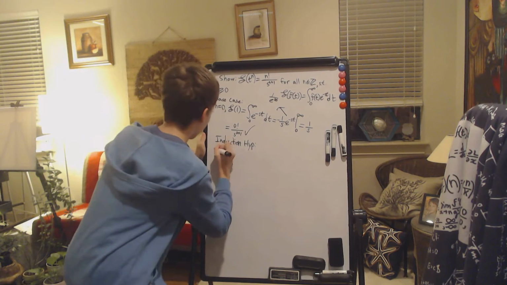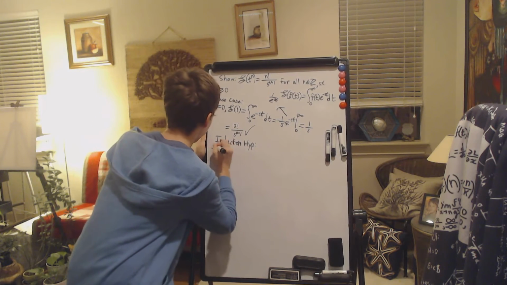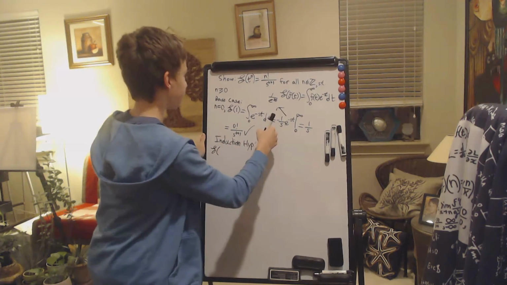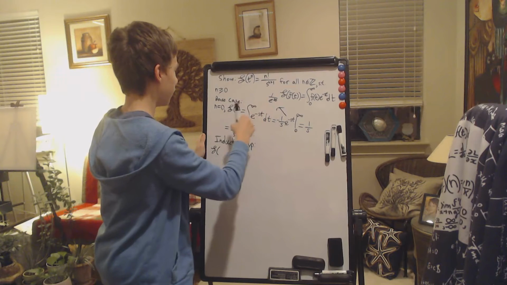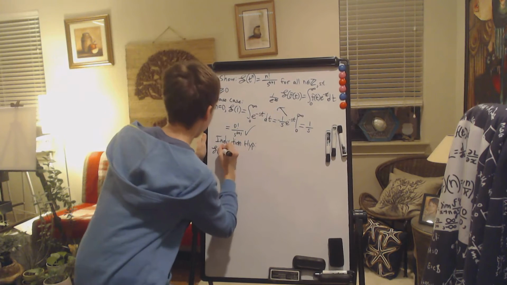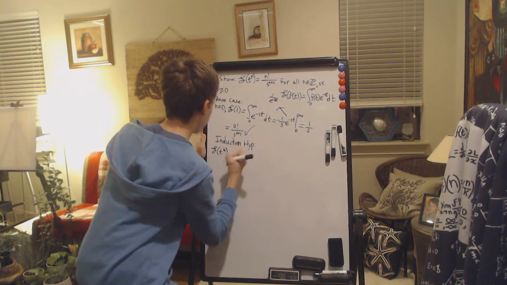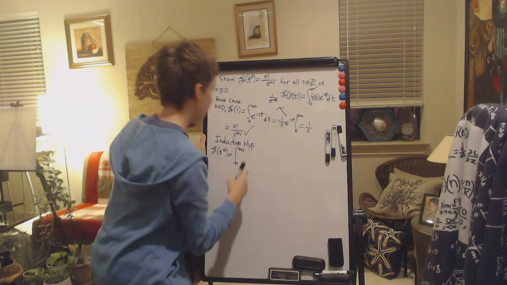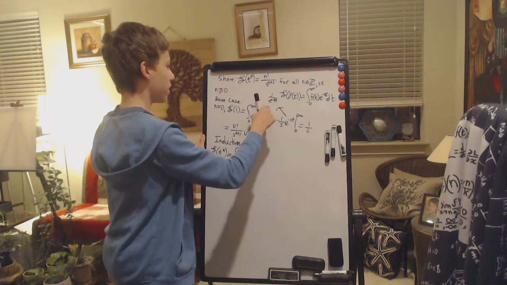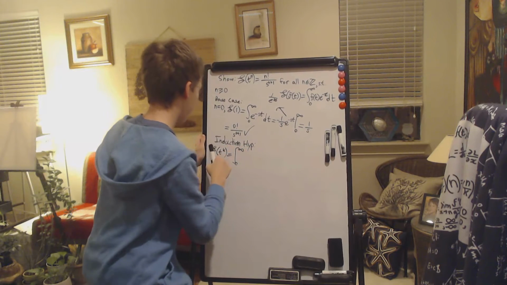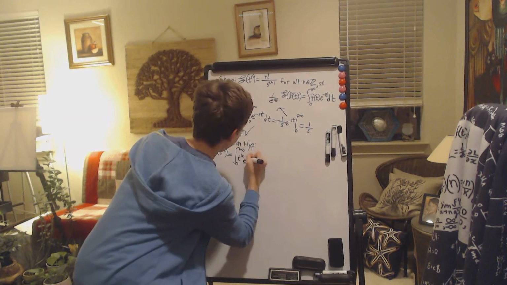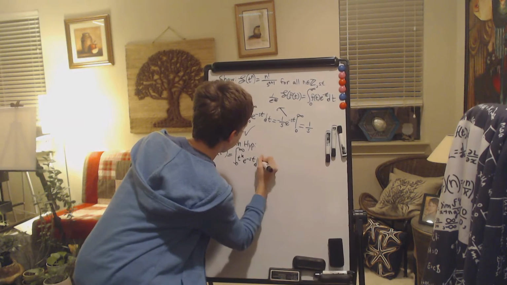In other words, we have that the Laplace transform of t to the k is equal to the integral from 0 to infinity of t to the k times e to the minus st dt.